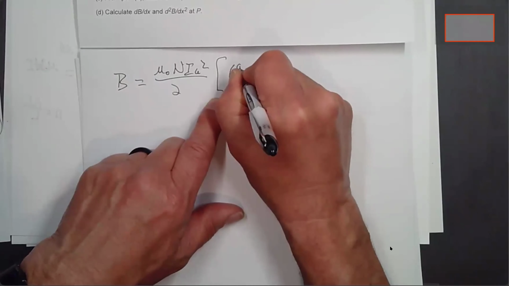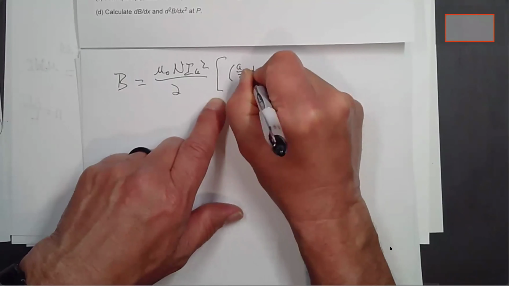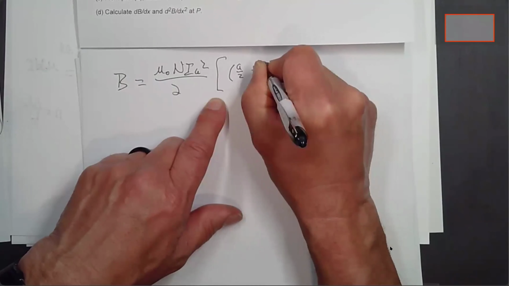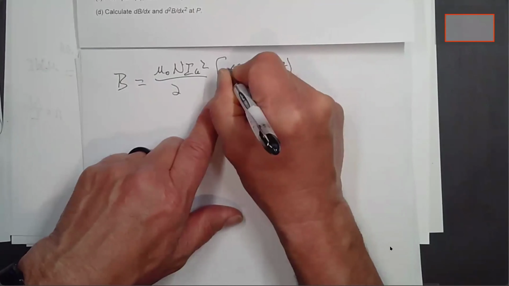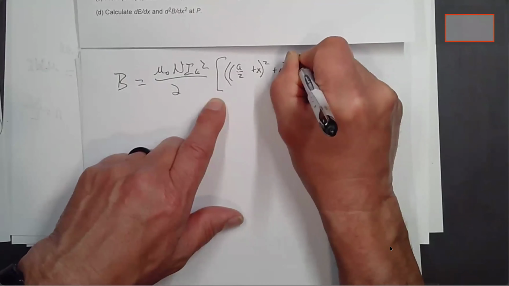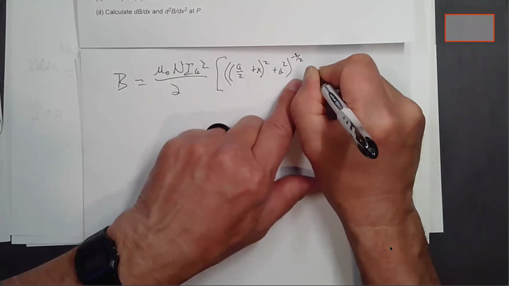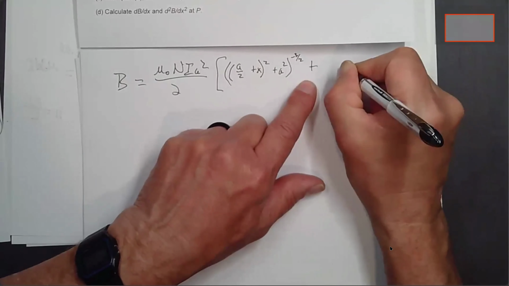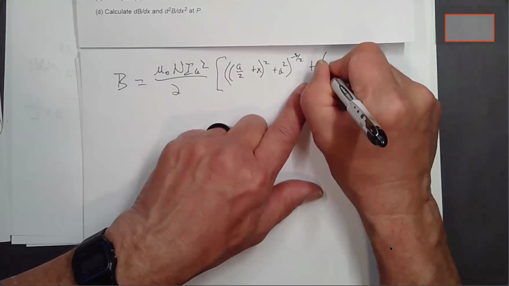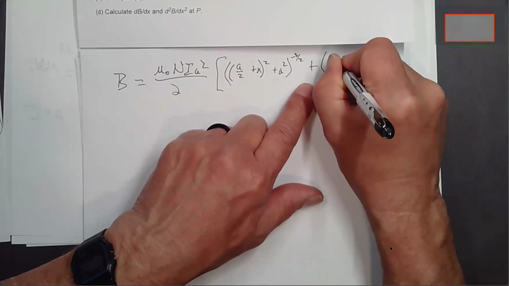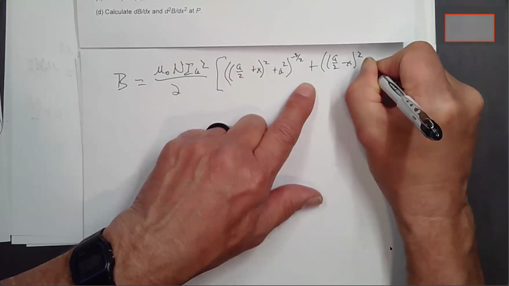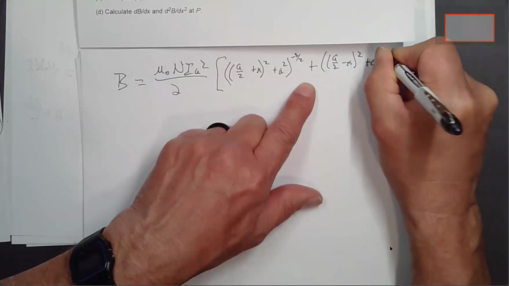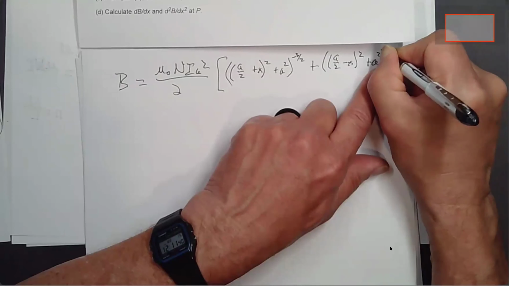I'll have A over 2 plus X quantity squared plus A squared, and write that to the minus 3 halves. And then I've also got something similar. I have A over 2 minus X, quantity squared, plus A squared, also to the minus 3 halves.